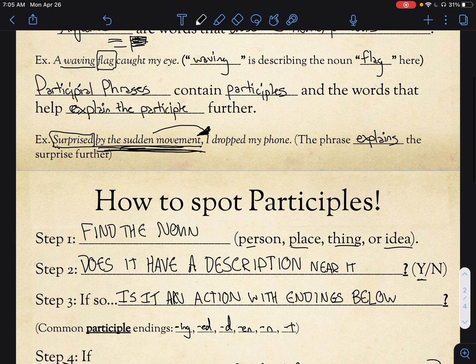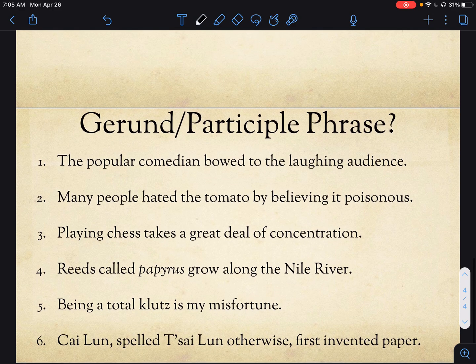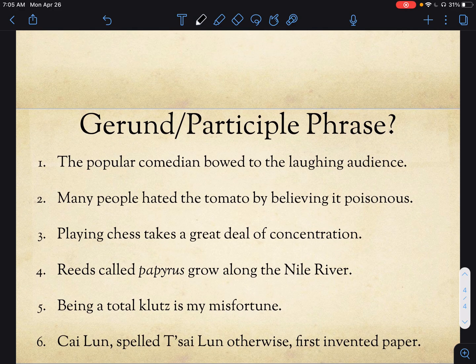So if I go back up to my example at the top, if I found the phrase surprised by a sudden movement, I'd say, oh, this one's a participial phrase. That easy. All right. Go ahead and finish those last 6 sentences, and then submit it for a check.